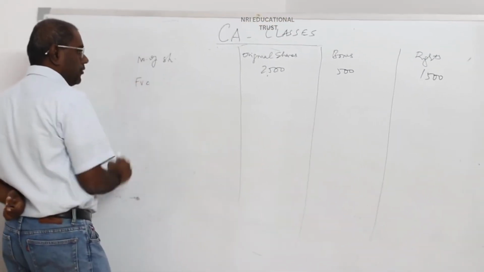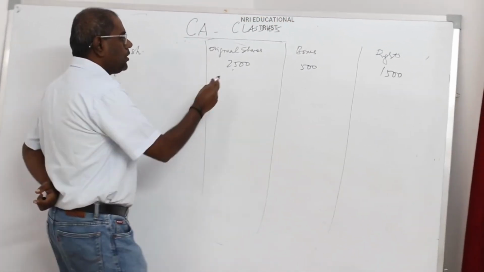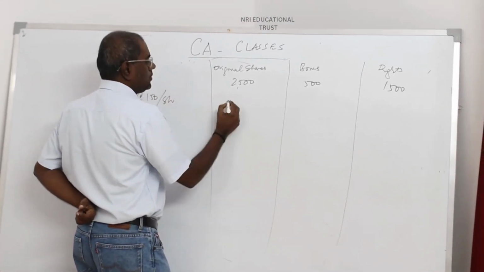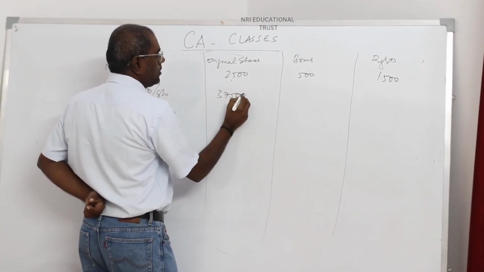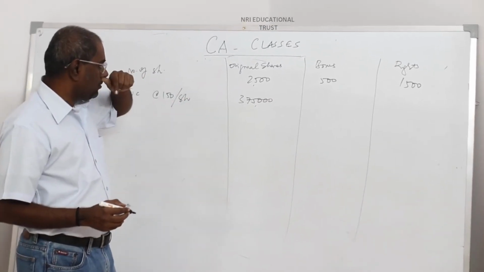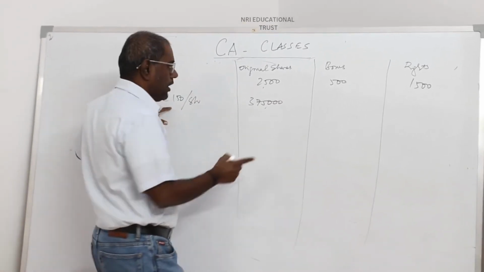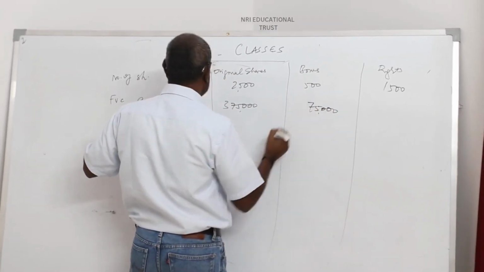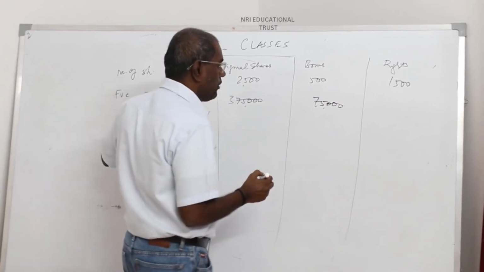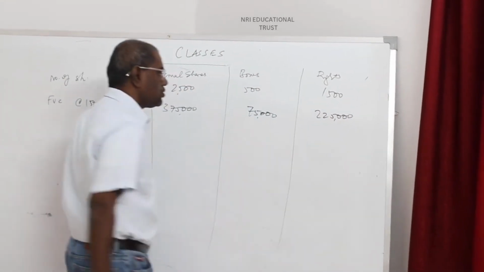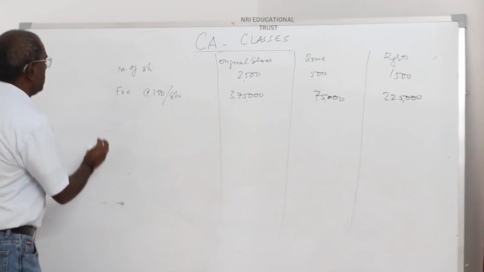Full value of consideration: 2,500 at the rate of 150 per share is 3,75,000, right? 150 into 500 is 75,000, and 150 rupees per share on 1,500 is 2,25,000. This is the full value of consideration.